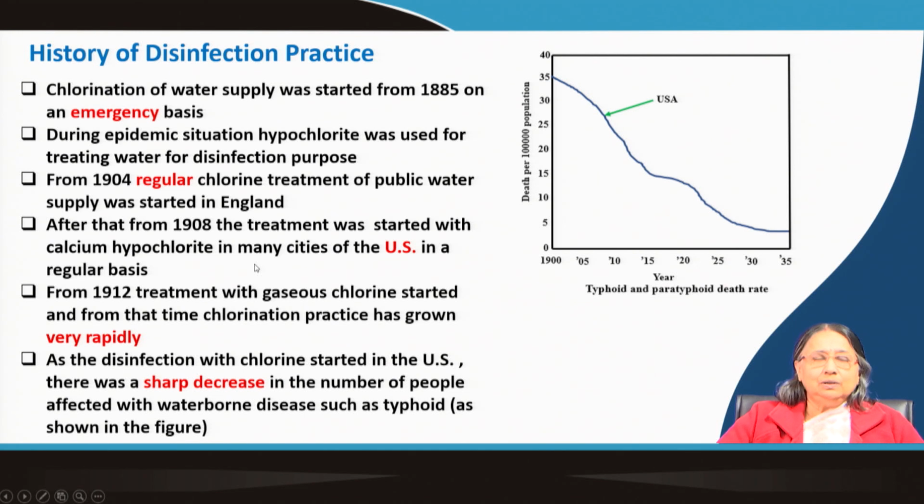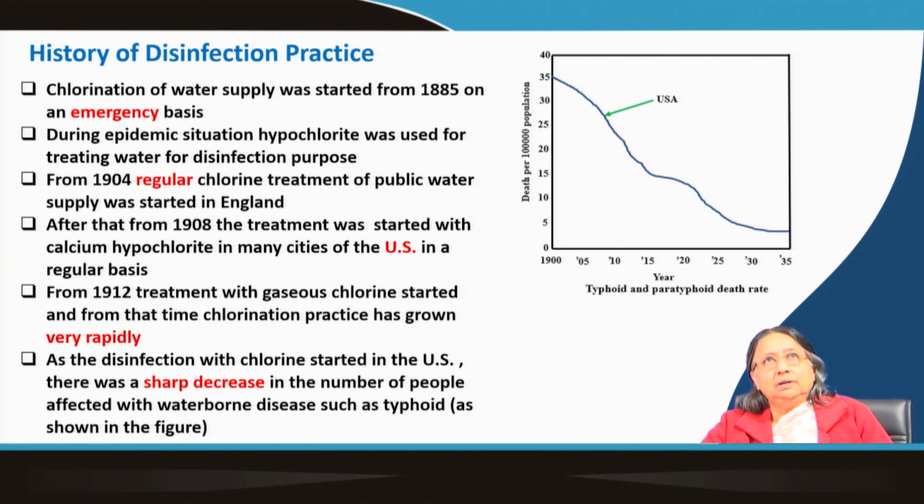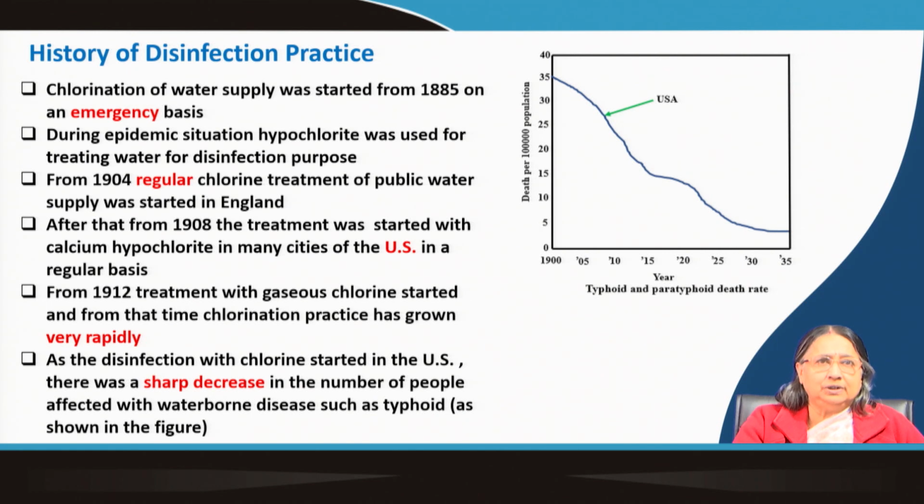So, people could observe that disinfection practice is a useful thing. So, they started the process, and all are chlorine based. You can see hypochlorites, calcium hypochlorite, sodium hypochlorite, chlorine, all those things. From 1912, treatment with gaseous chlorine started, and from that time chlorination practice has grown very rapidly.